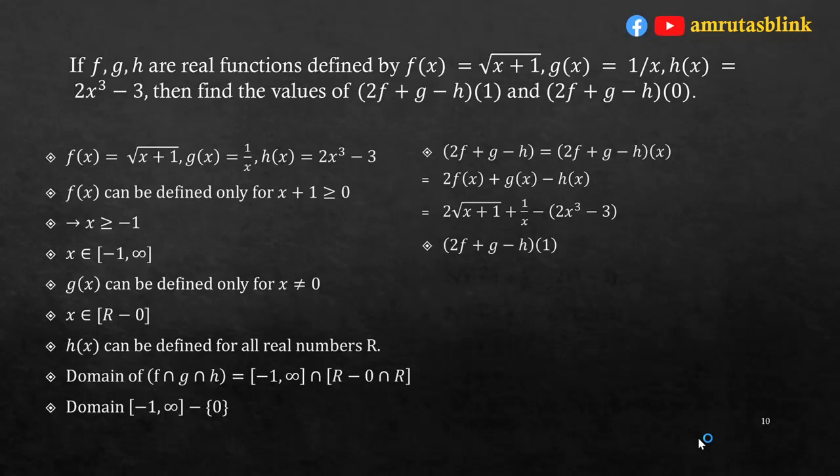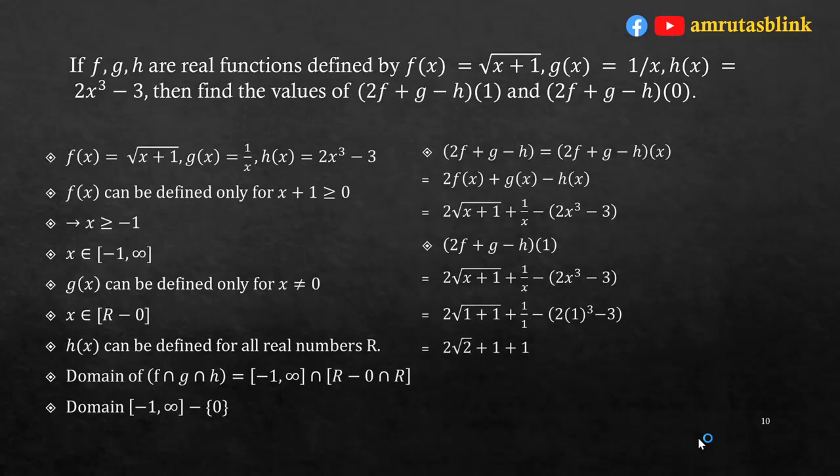Now, we need to find out (2f plus g minus h) of 1. So, it is equal to 2 into square root of 1 plus 1, plus 1 upon 1, minus 2 into bracket 1 cube minus 3. That is 2 under root 2 plus 1 plus 1. That is 2 under root 2 plus 2.